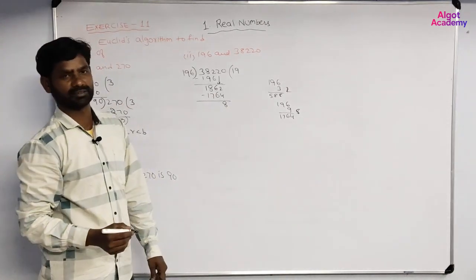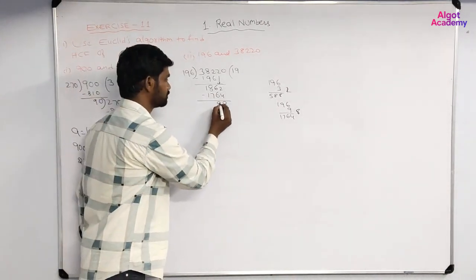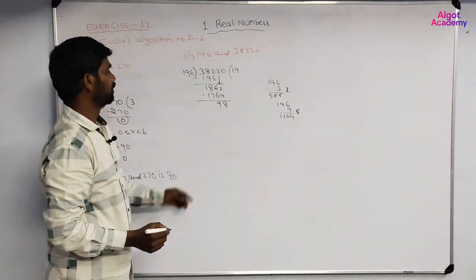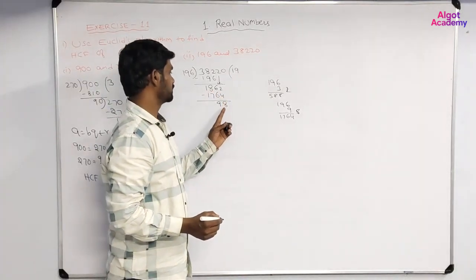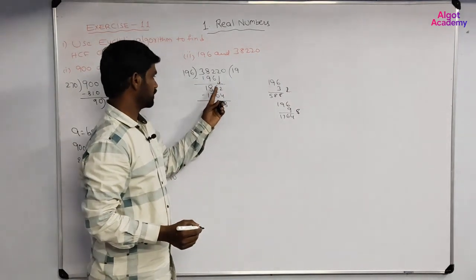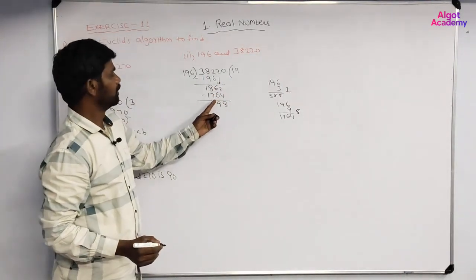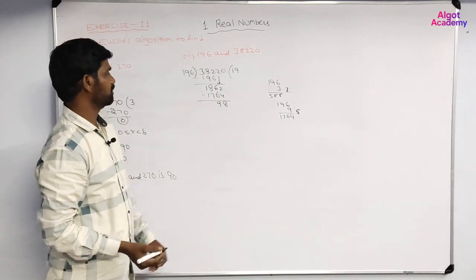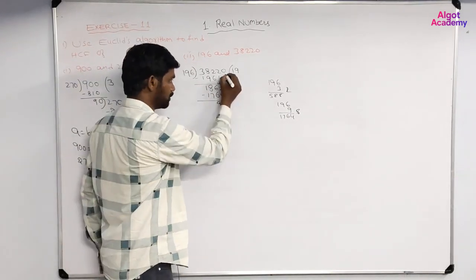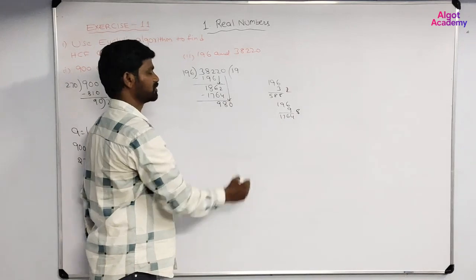15 minus 6 is 9. 12 minus 4 is 8, next one carried from here, 15 minus 6 is 9, and 7 minus 7 is 0. Last, bring this 0 down here.